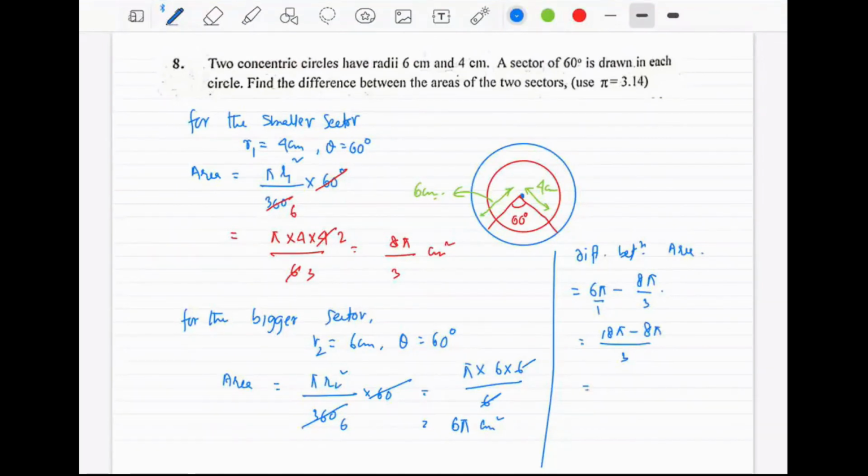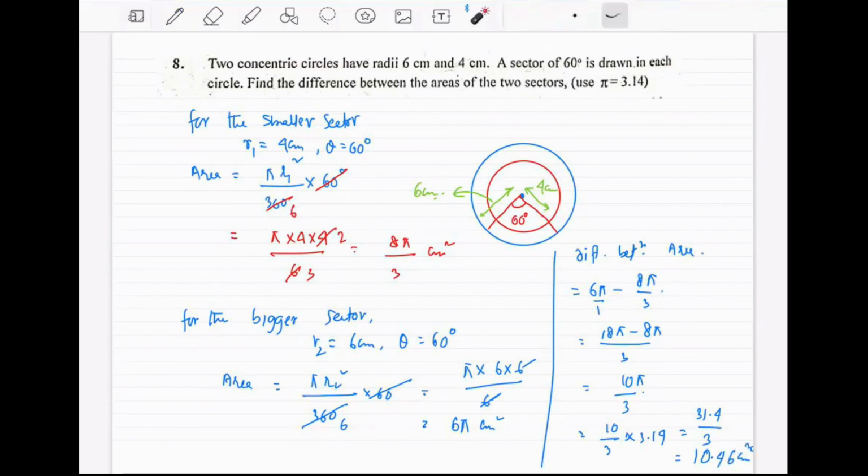So 18 pi minus 8 pi will be 10 pi by 3. You can put in the value of pi as 3.14. So the final value will be 31.4 divided by 3. If you multiply 3.14 and 10, you will obtain 31.4. And you do final division. After final division, the value will be 10.46 centimeters square.